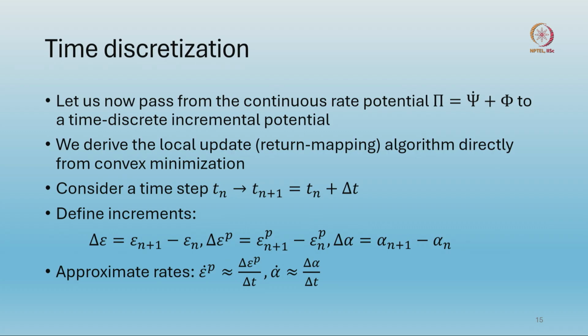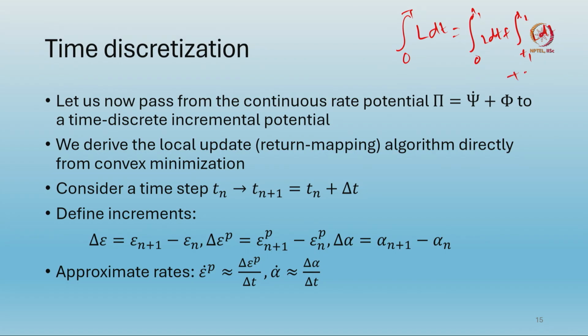Before that, remember that what we are minimizing now is the integral 0 to t of L dt. Instead of doing it over the entire time, this is an integration of 0 to t1 of L dt, plus the integral t1 to t2 of L dt, and so on.